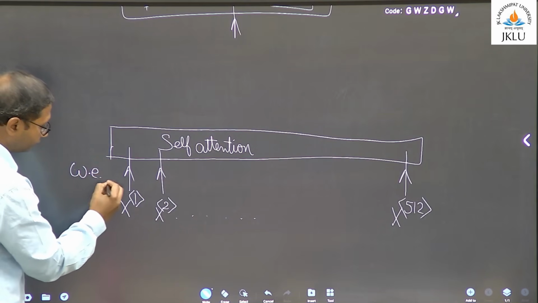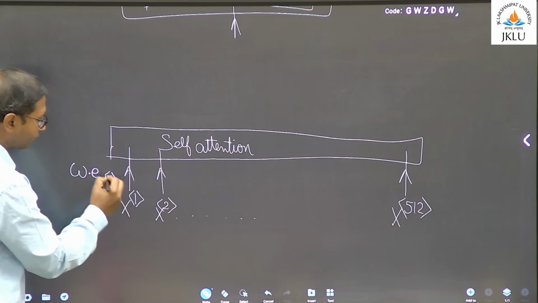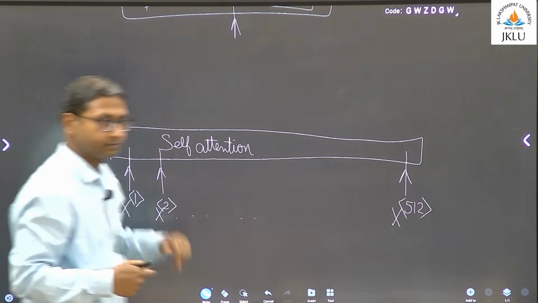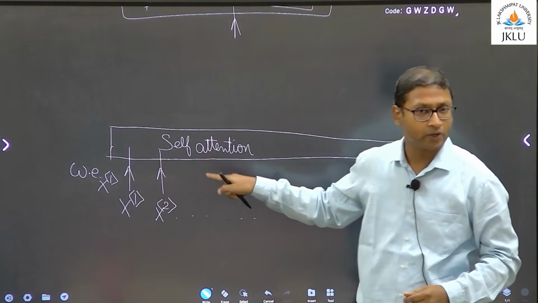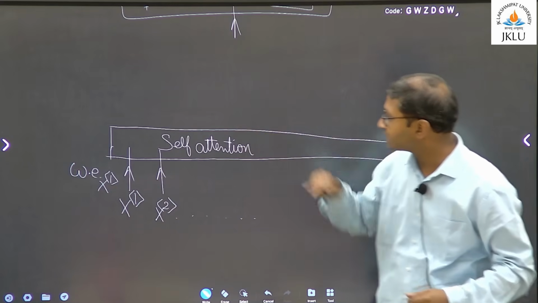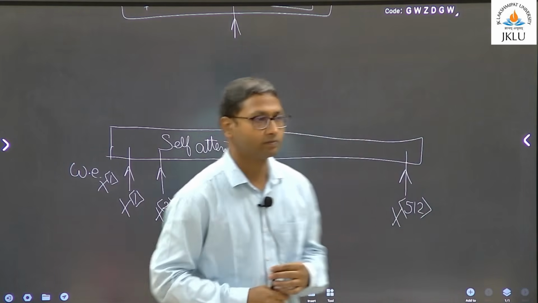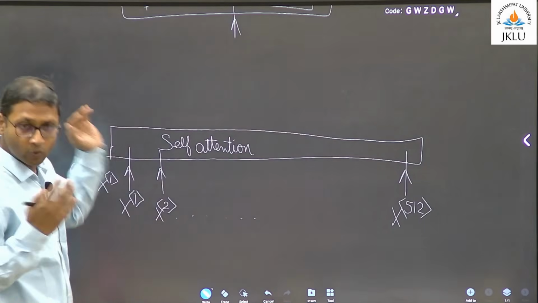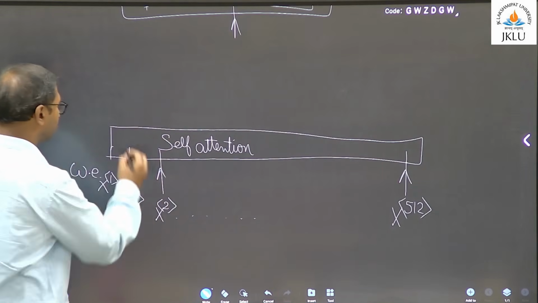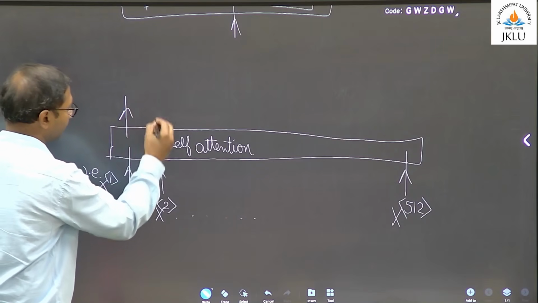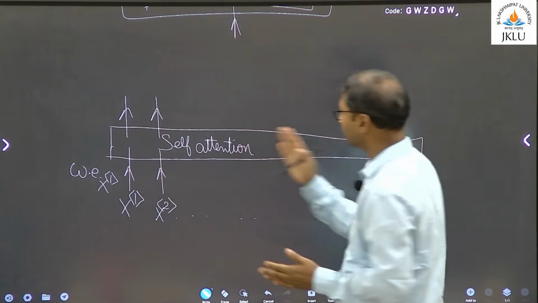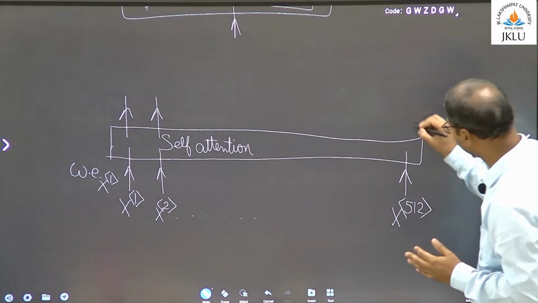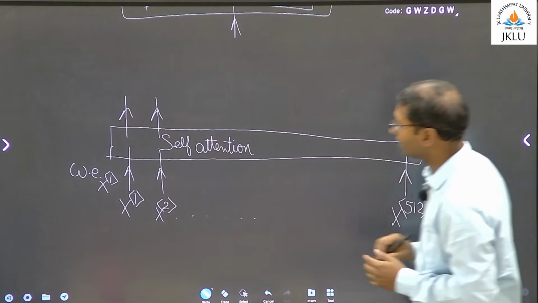So maybe word embedding of x, because we will never use this thing after. So word embedding of x1, x2, x3 and so on. What will self attention do? Whatever it does for the time being, it will pass for every. So how many outputs will be there? 512.